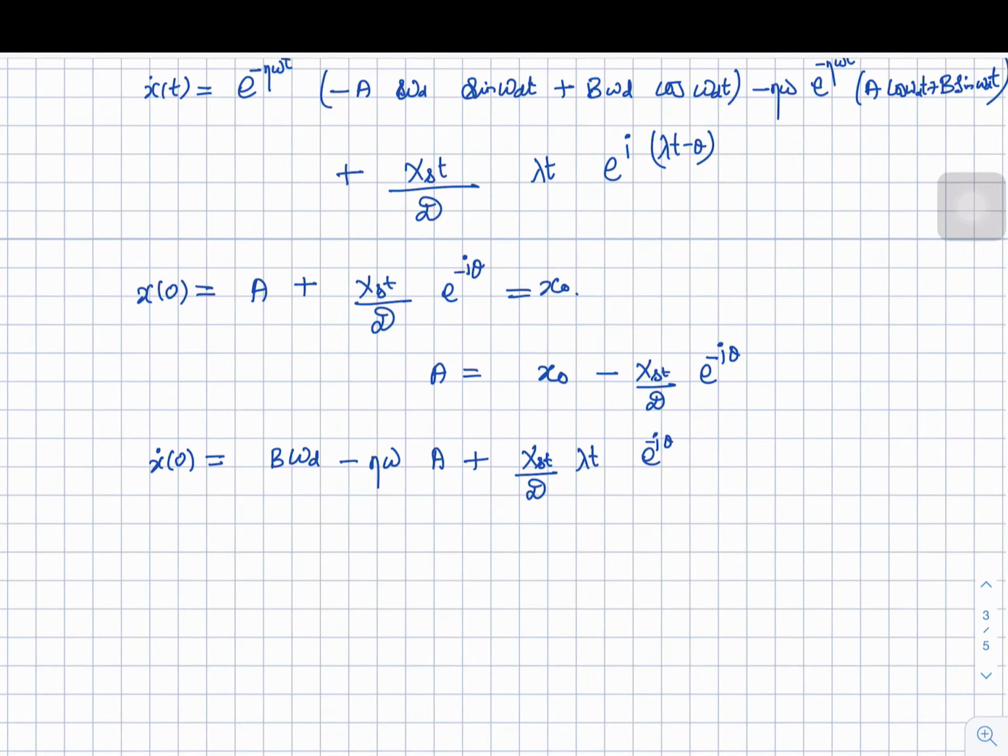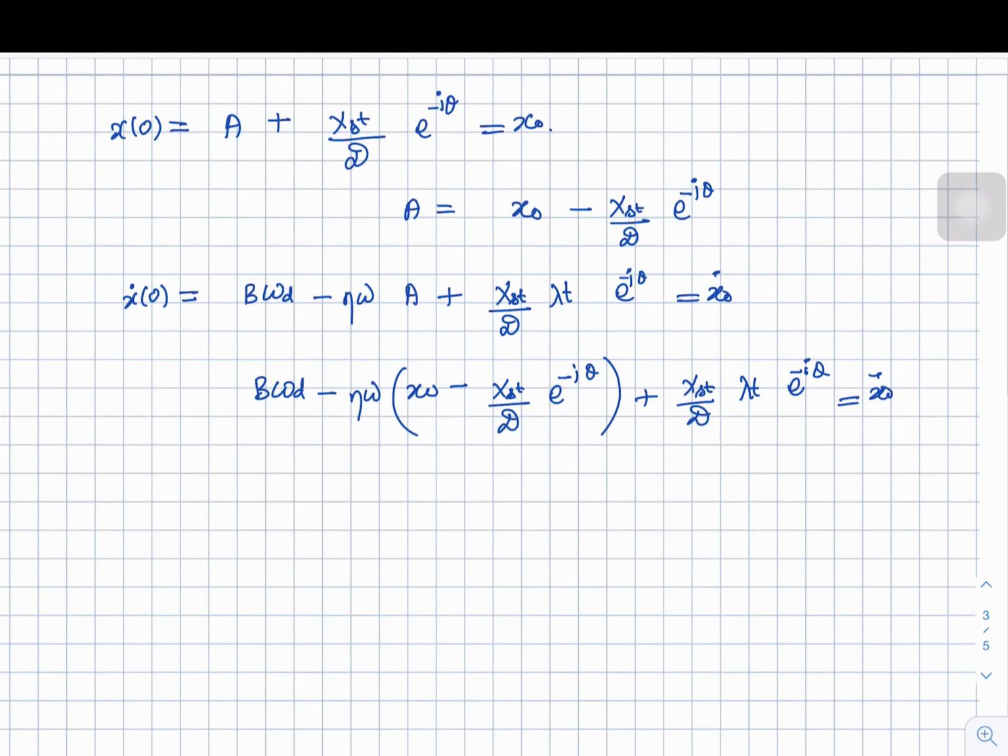Therefore here we substitute A, which is x naught.